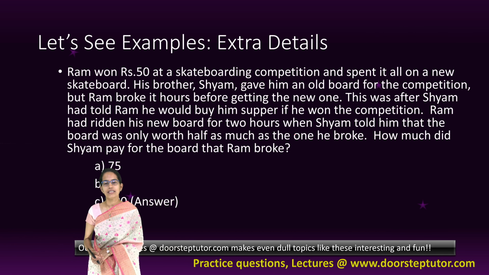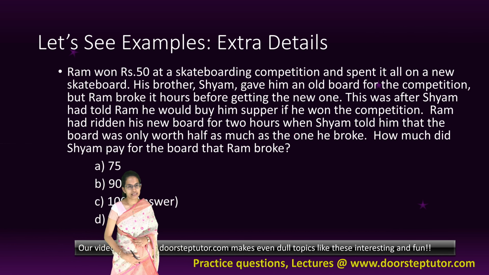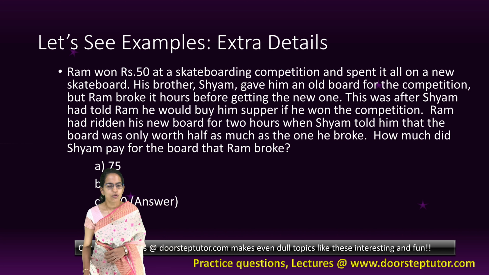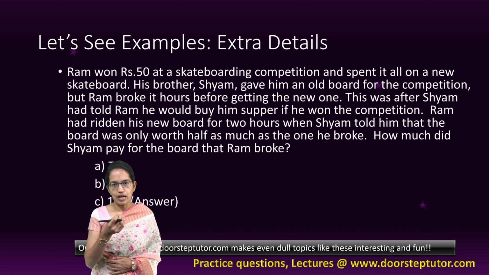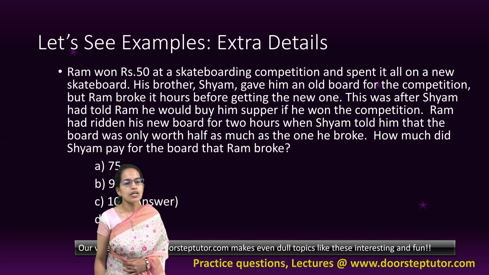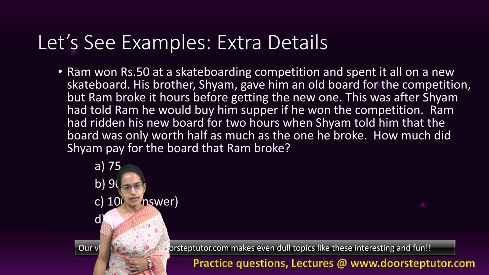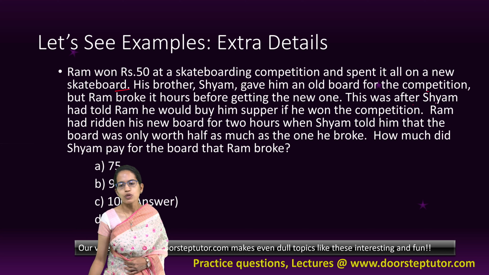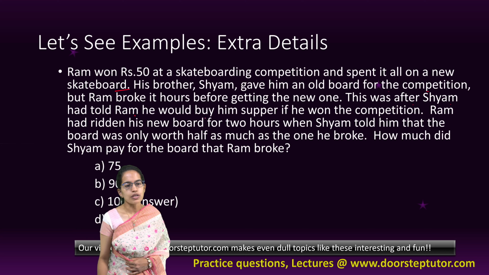The third easy method is removing the extra details. Now let's go through this question. This is a simple aptitude question. Ram won 50 rupees at a skateboarding competition and spent all of it on new skateboards. His brother Sham gave him an old board for the competition, but Ram broke it hours before getting the new one. This was after Sham had told Ram that he would buy him supper if he won the competition.